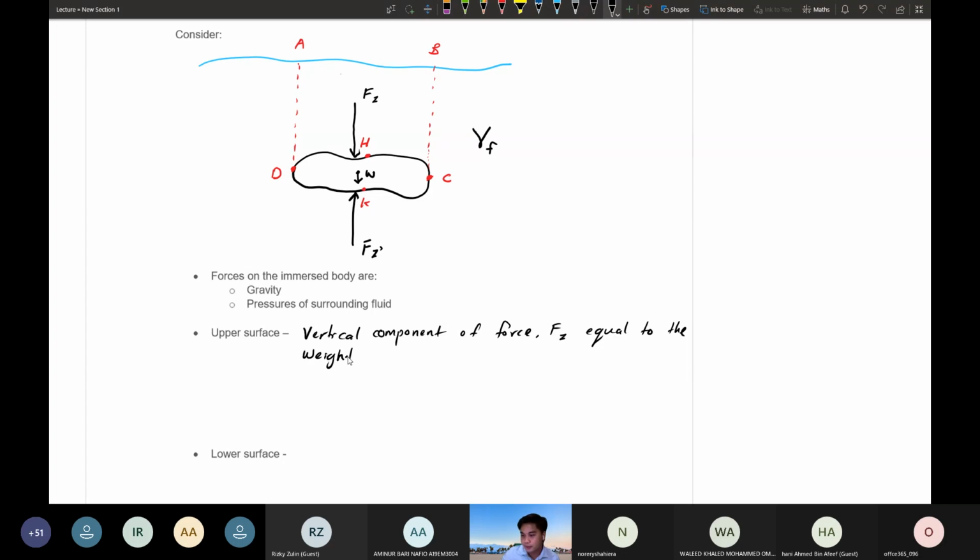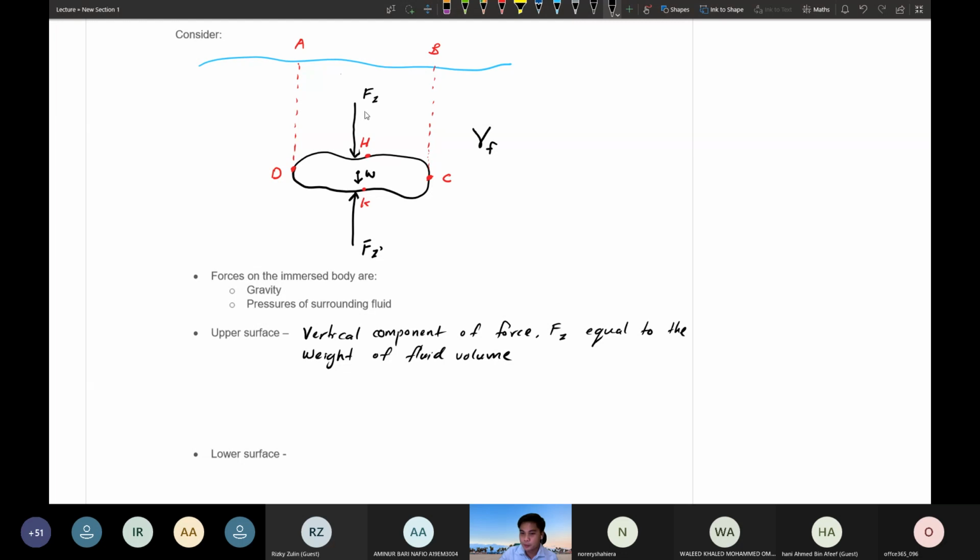What's the weight? The weight of fluid volume. What's the volume involved? Equal to the volume of A, B.